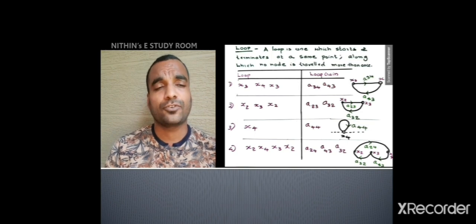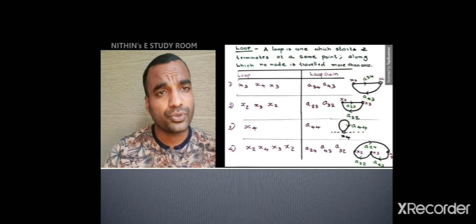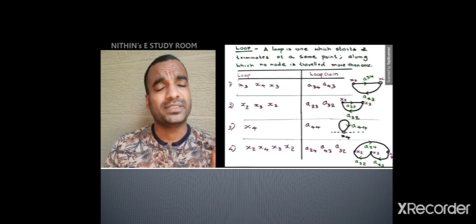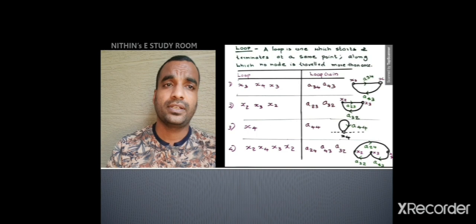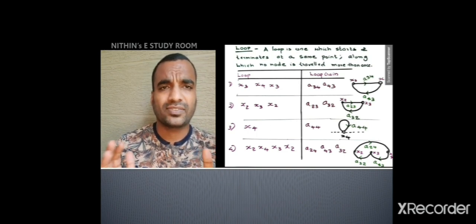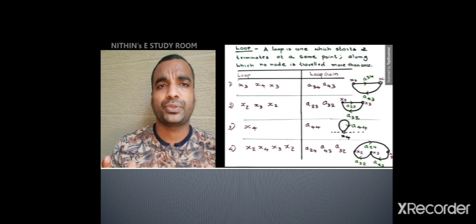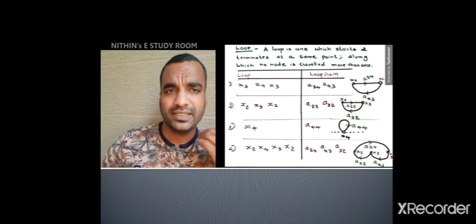In Mason's gain formula, you always have to specify in terms of gains. You don't need to specify in terms of nodes, but you should know what the node equation is and what the corresponding gain is. The nodes x1, x2, x3, such things we only use to denote the path. For specifying the path, that is the better way.